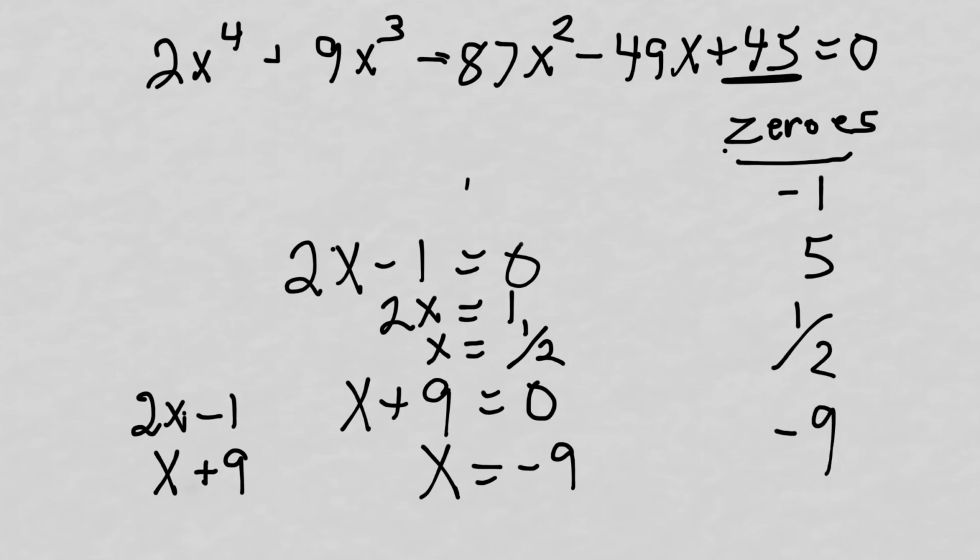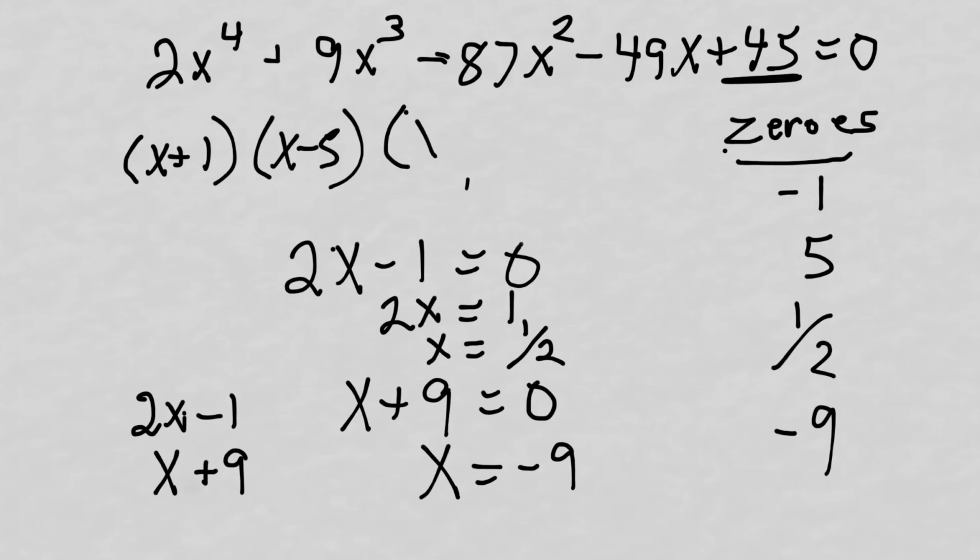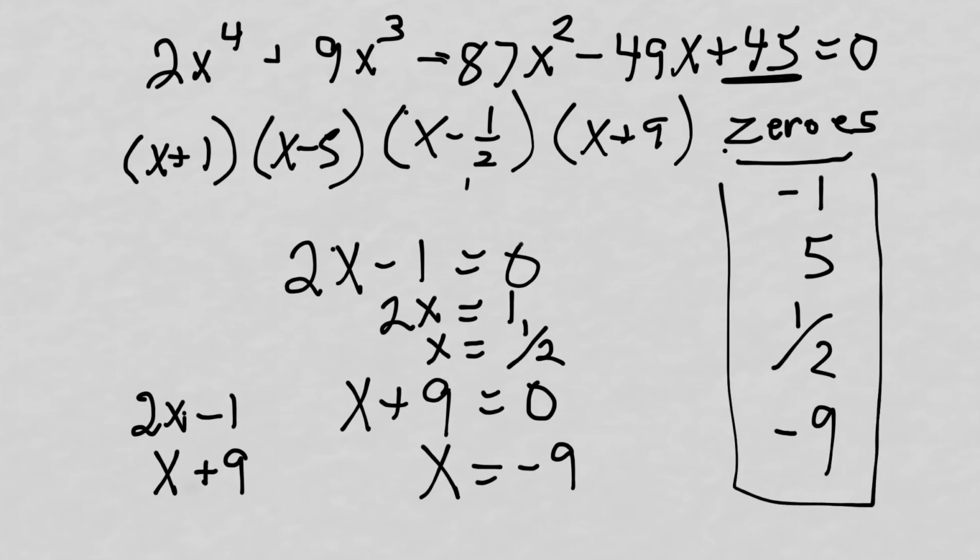If we wrote that out, it's going to look like this: x plus 2, x plus 1, x minus 5. Let's see, x minus 1/2 and x plus 9. But here's the zeros, and this would be your answer.